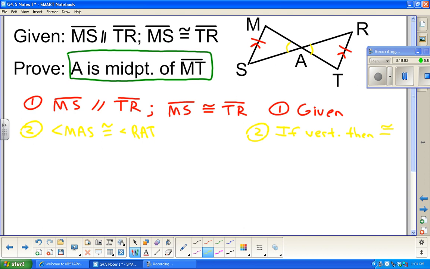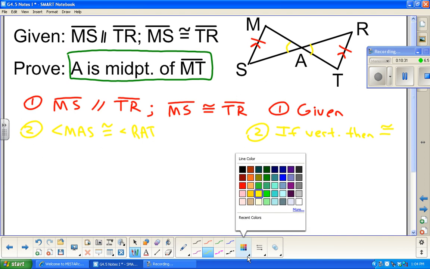So we need another side or another angle, but we got to make sure it's the right type of matchup. We don't know that yet. What does the parallel lines do for us? Okay.